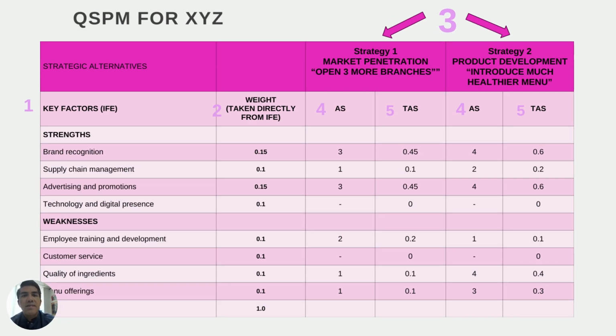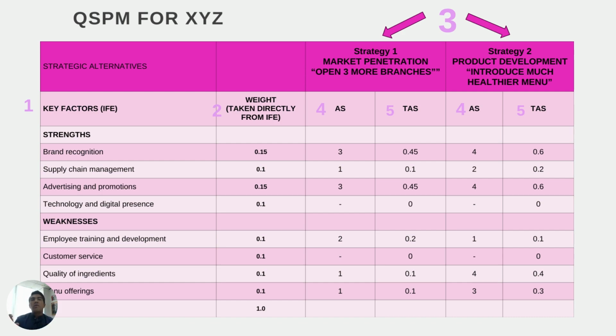In step number 3, you have to determine the strategic alternatives, the strategic options that the organization could pursue. Going back to what we learned in the previous topic, based on its IFE and EFE values, the IE matrix indicated that company XYZ falls under quadrant 5, which is hold and maintain.